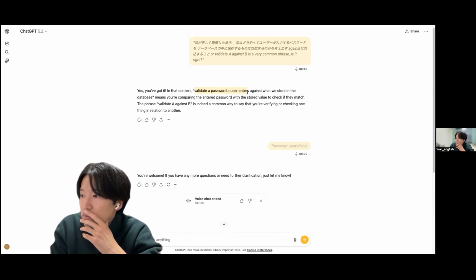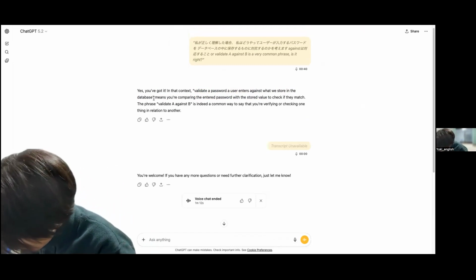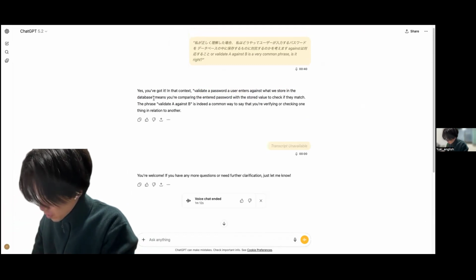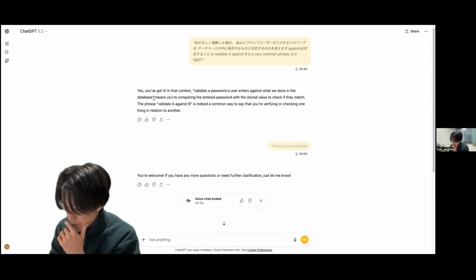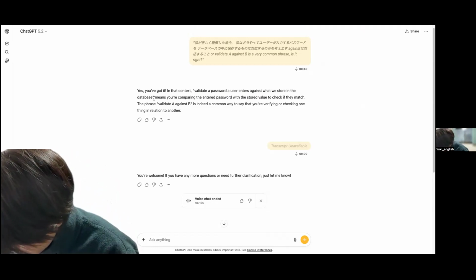Okay. Validate the password a user enters against what we store in the database. A against B. How do we validate a password a user enters?